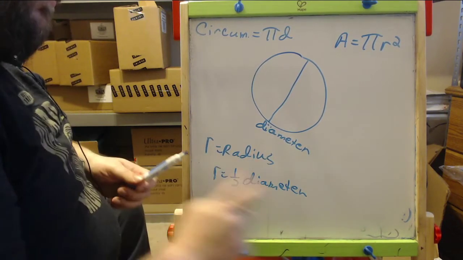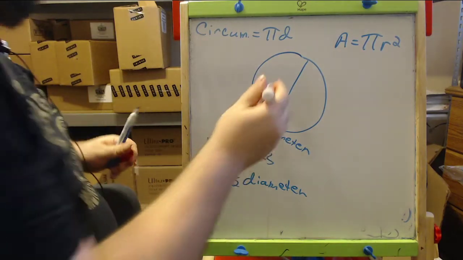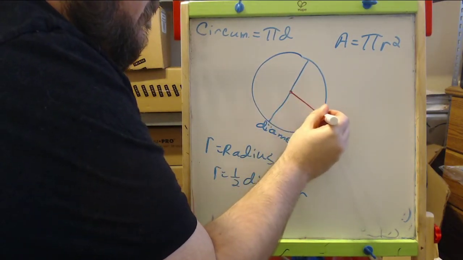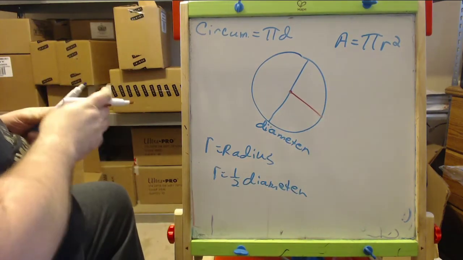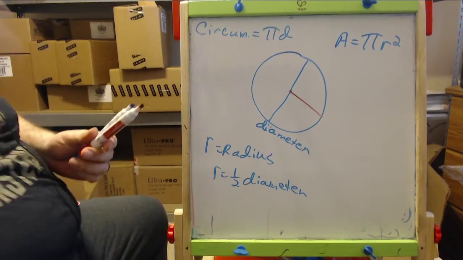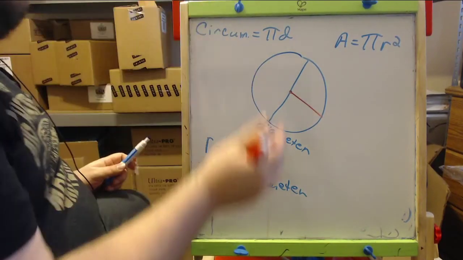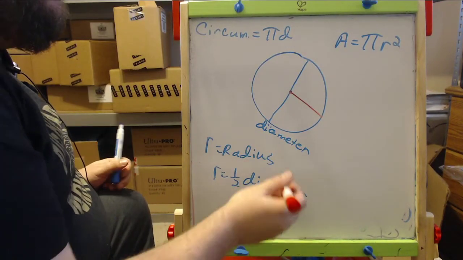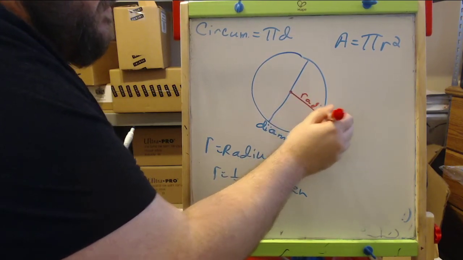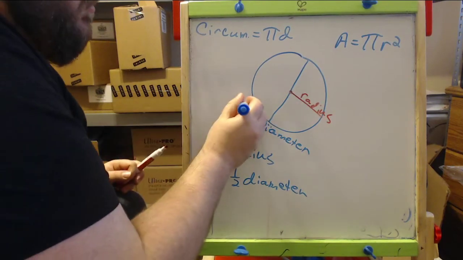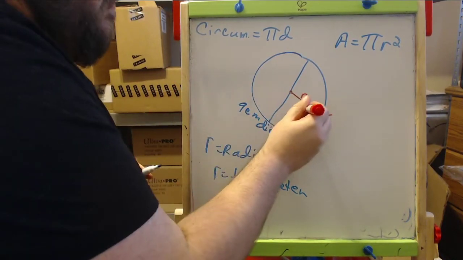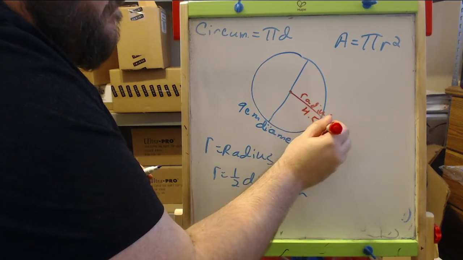So if we say that this is roughly the halfway point of the circle, this is the radius. Again, not to scale, but if the diameter was 9 centimeters, then the radius would be 4.5 centimeters.